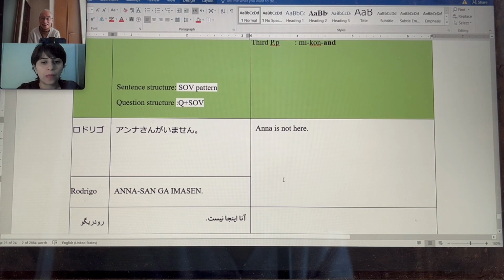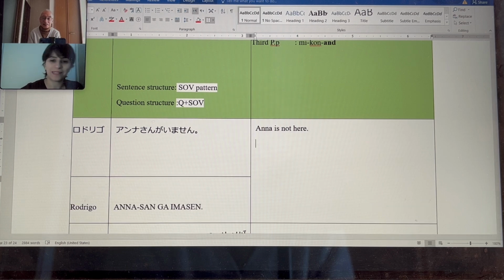Everyone is here. Anna is not here. You must be able to say that. So Anna is the name, right? The person, the subject of the verb.